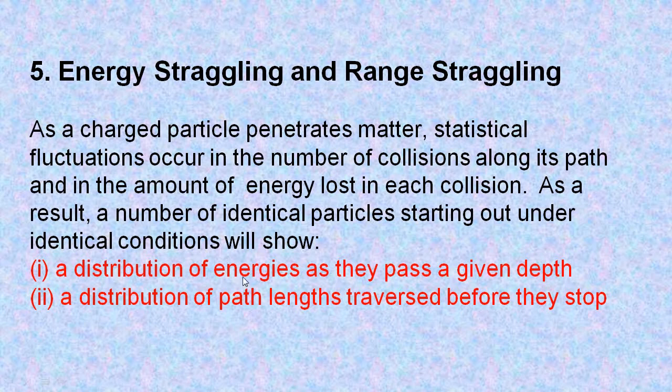That means distribution of energies means your specific energy loss. There will be variation in minus dE by dx, and distribution of path lengths means there will be a variation in range. So this distribution of energy is known as energy straggling and the distribution of path lengths as range straggling.